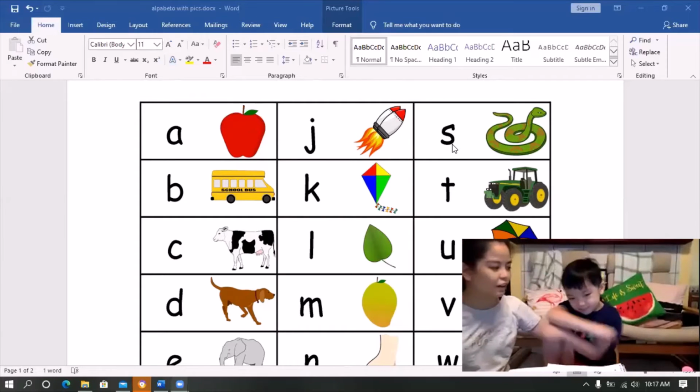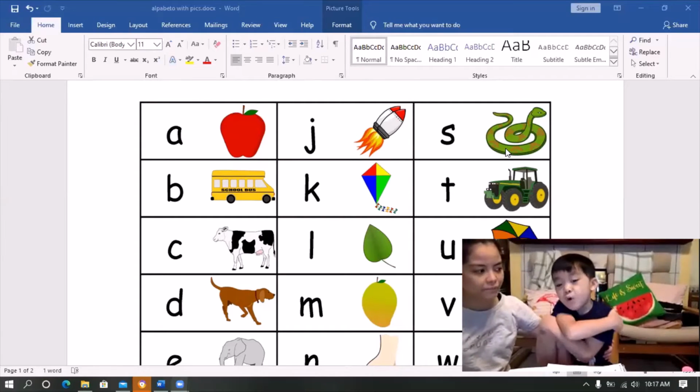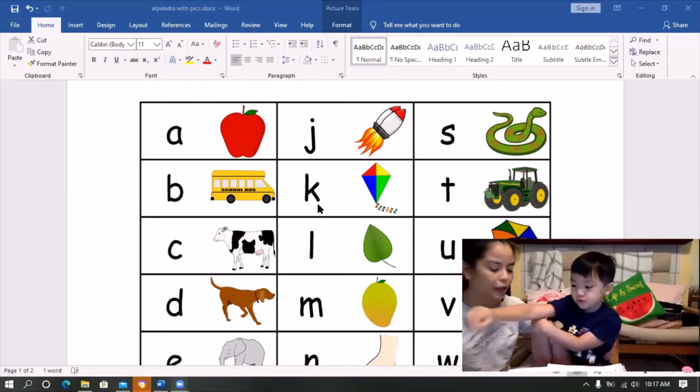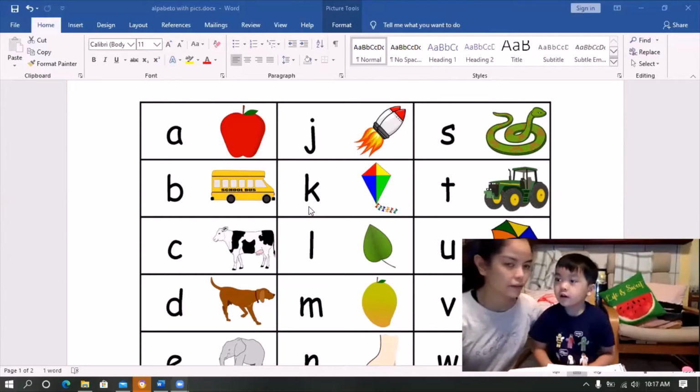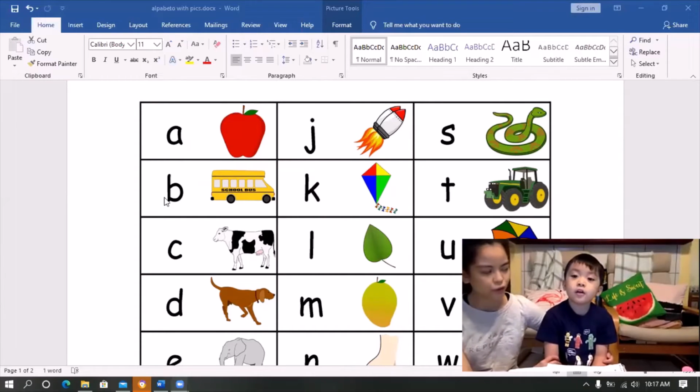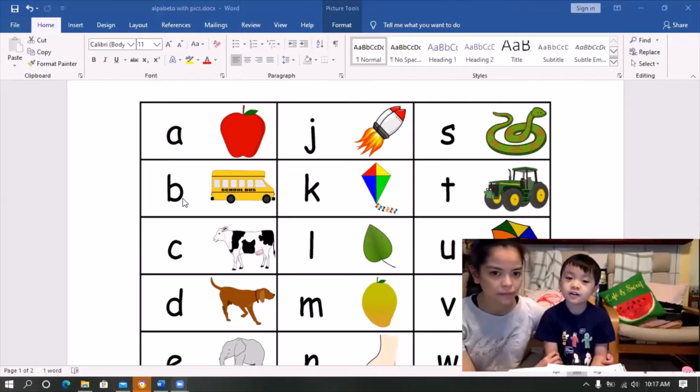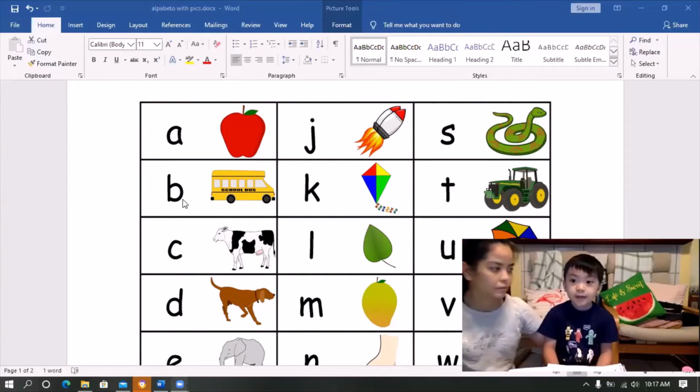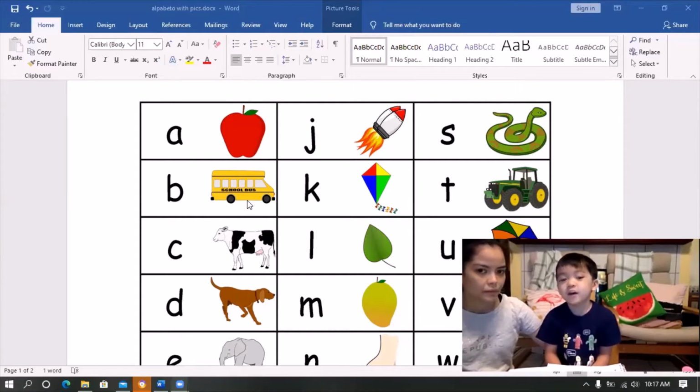S. S is for? For snake. What's this? Oh, K is for kite. And then C. What's this? That's B. For? For elephant. Oh, no. It's for bus.